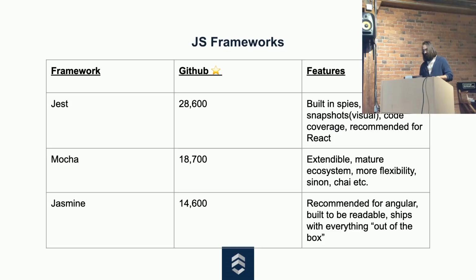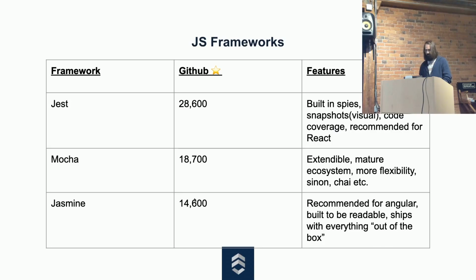It is a mature ecosystem, and it's super flexible because of that setup where you're extending it. It's designed to be used that way. You'll often use it with things like Sinon to give you spies, Chai to give you matchers, stuff like that.